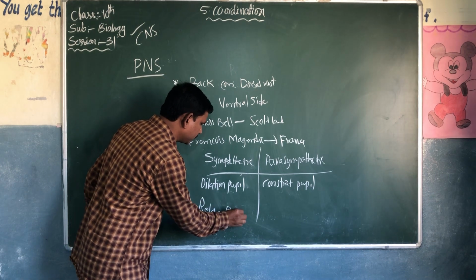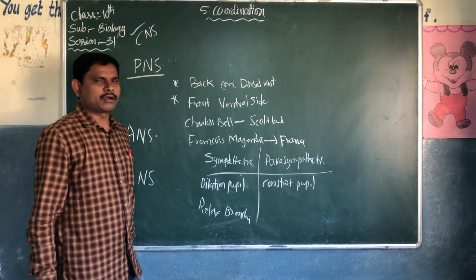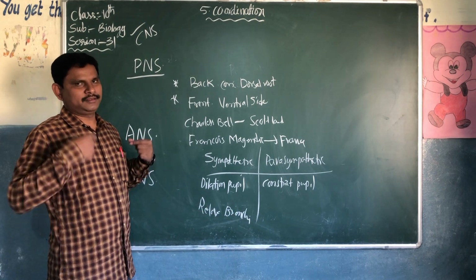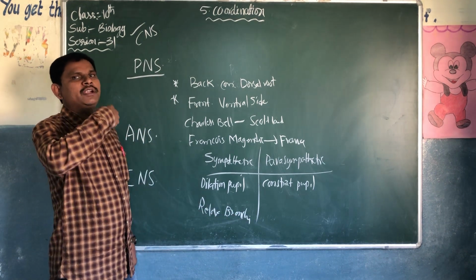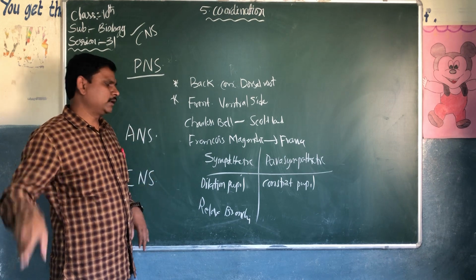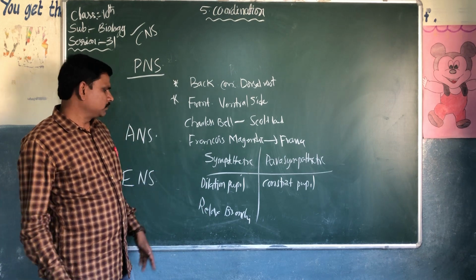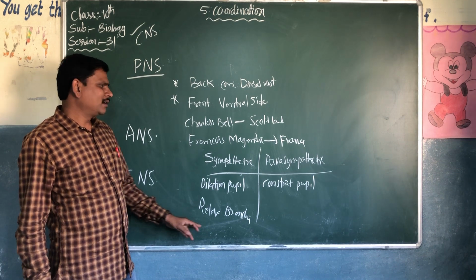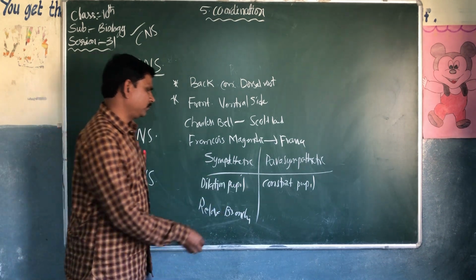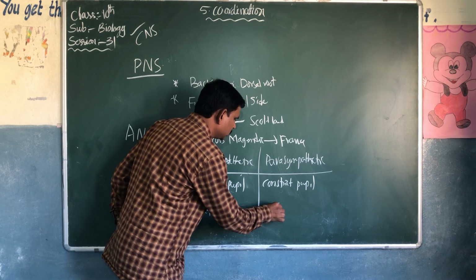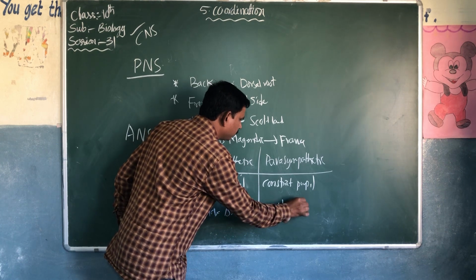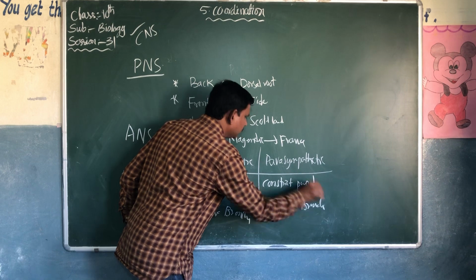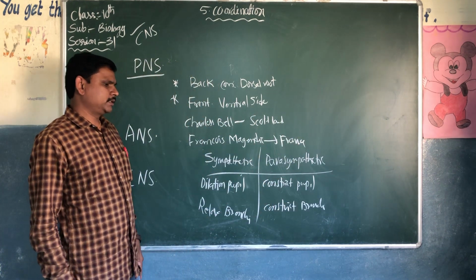There are so many examples, like relaxing the bronchi. Where can we see the bronchi? In the lungs. The trachea divides into bronchi and bronchioles. So relaxation of the bronchi is sympathetic, and constriction of the bronchi is parasympathetic.